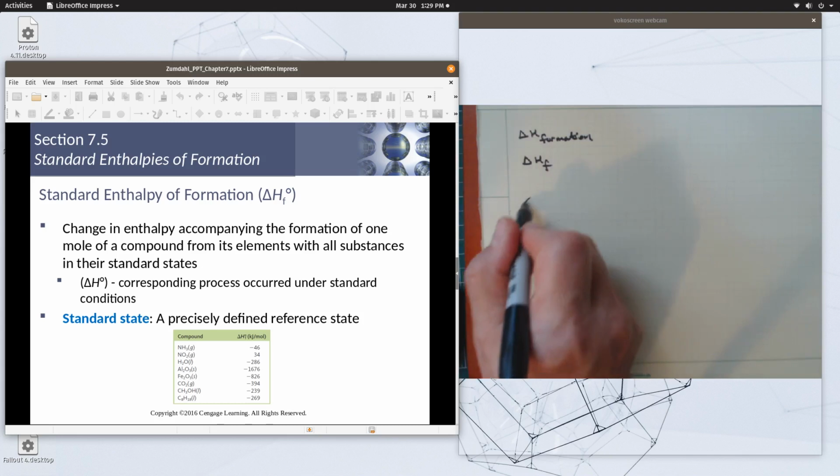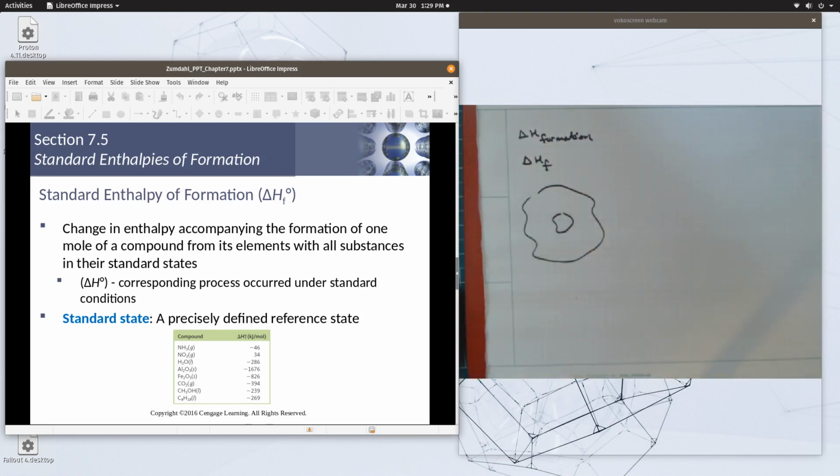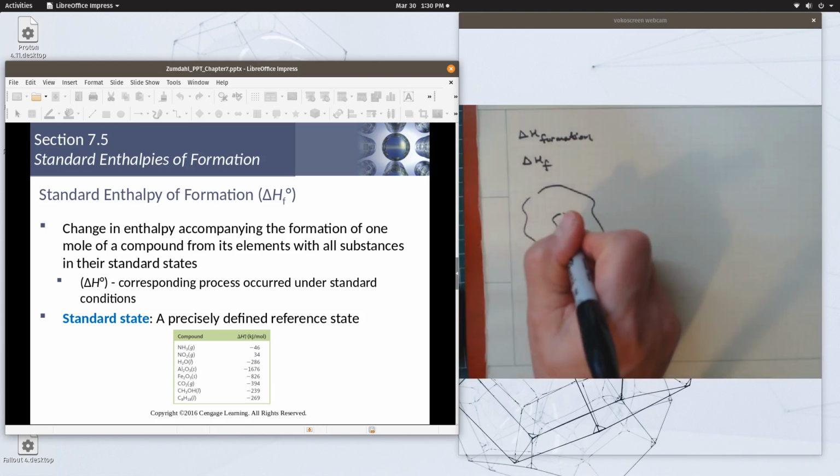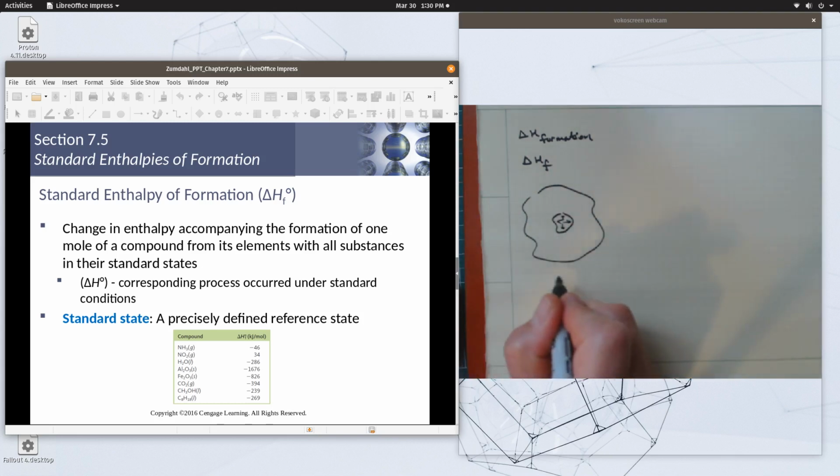I have the environment. I need to create the system. I create 1 mole of, let's say, NH3 gas from its constituent components, and I push the environment out of the way. So in that little pocket, I did the reaction of N2 plus H2, all in the gas phase, to give me NH3.